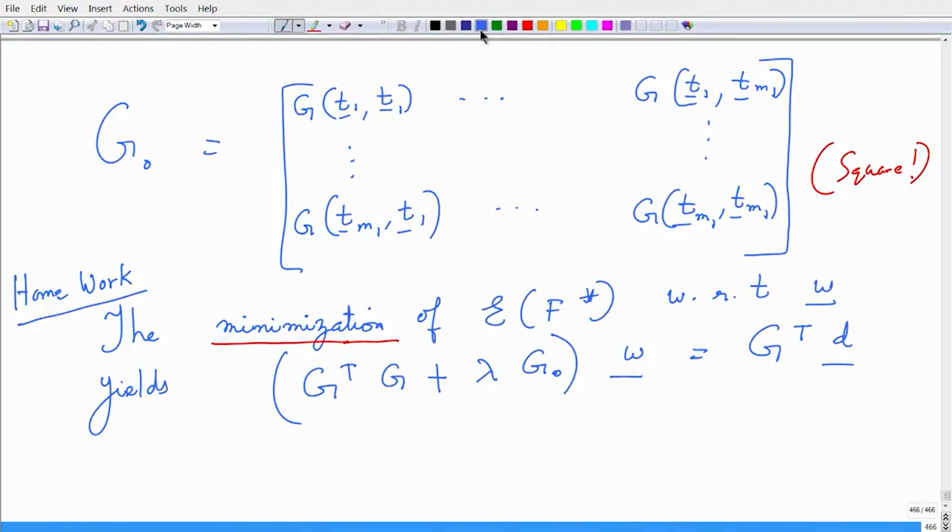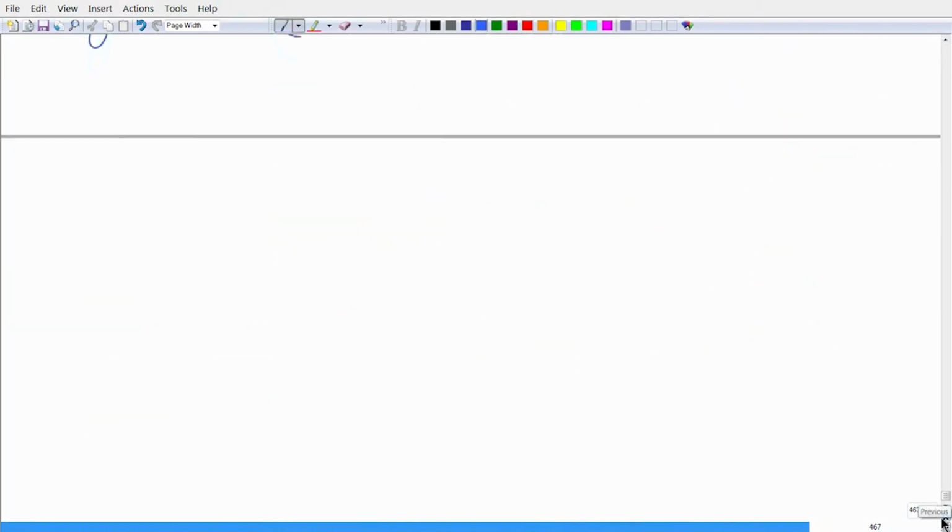I have written down the solution here. So, given how we have defined these matrices G, G naught and our vectors w and d, you can do the calculus and then arrive at the optimum solution. But what is important, I think, to note is the conclusions from this. Right.